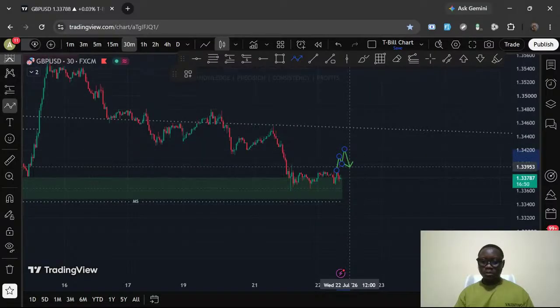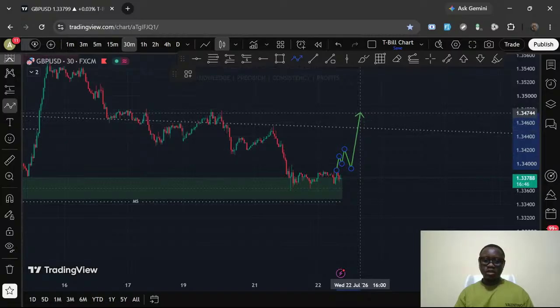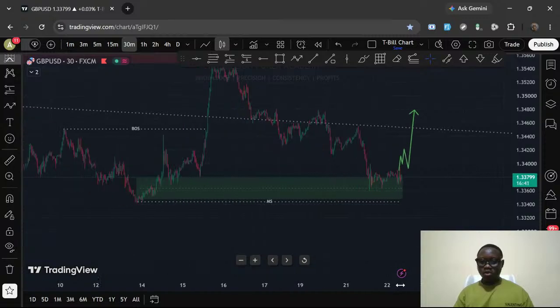Then take a buy right here and take it to this trend line right here.